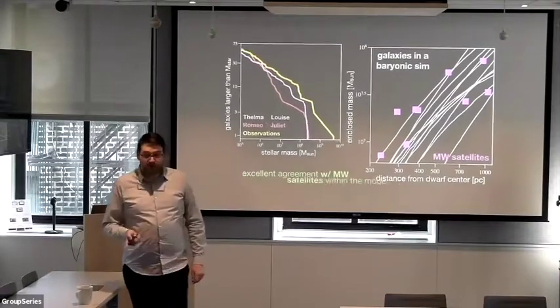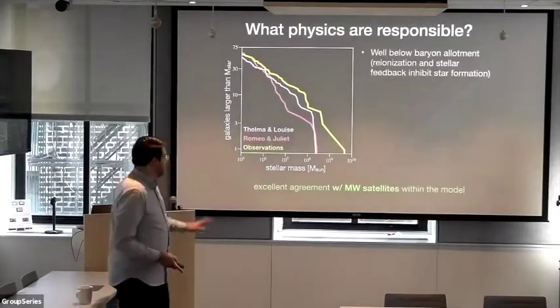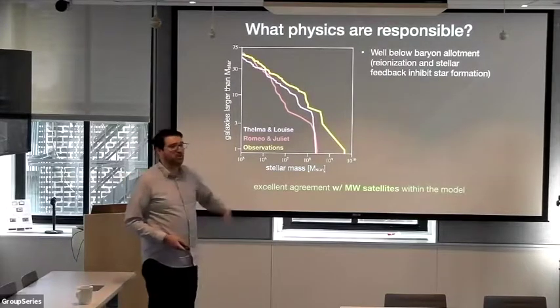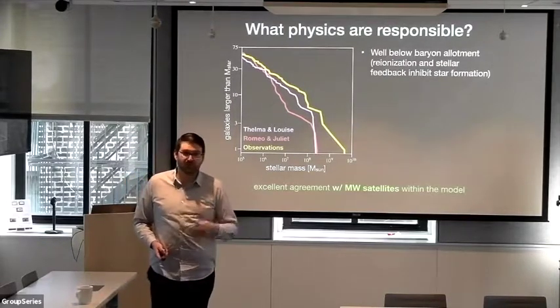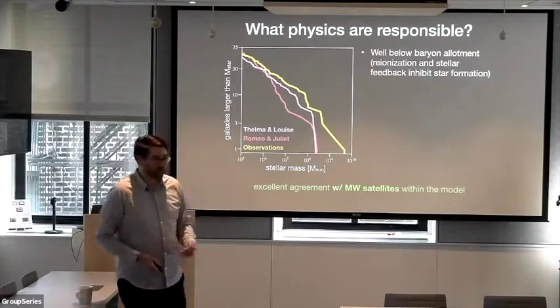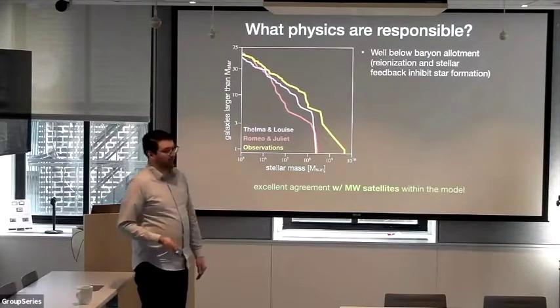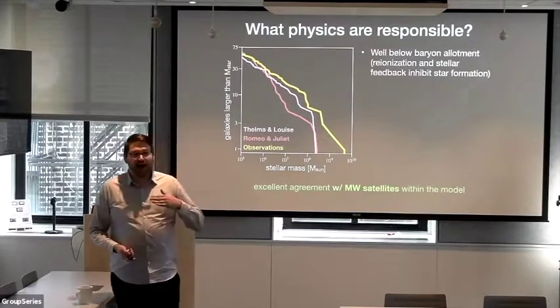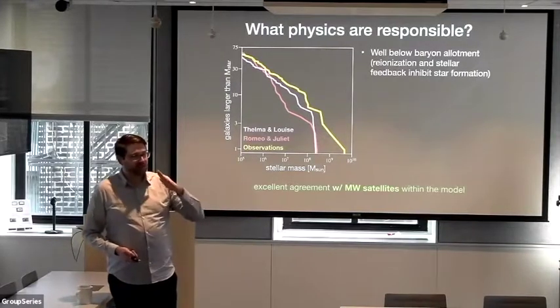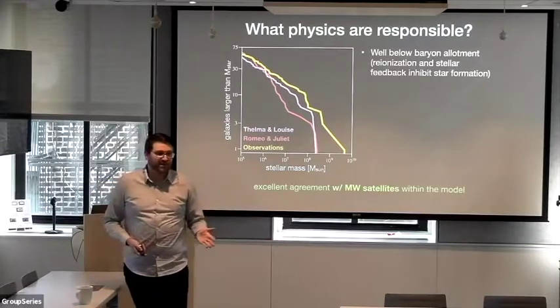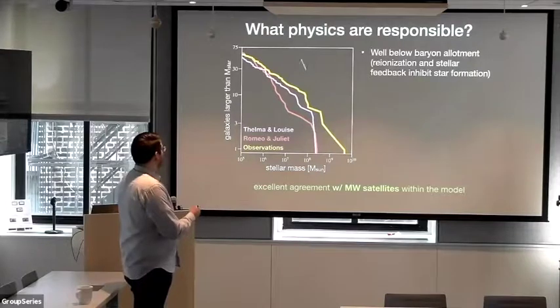Before I talk about M31 though, like I said, I want to dive into a little bit about why we're able to actually reproduce the observations. What physics are important to reproducing these observations? Well, first, you can already see that we're well below our baryonic allotment, right? If we were to simply apply a fixed linear baryon fraction to all of our halos, this would be way too steep and we'd way overestimate.